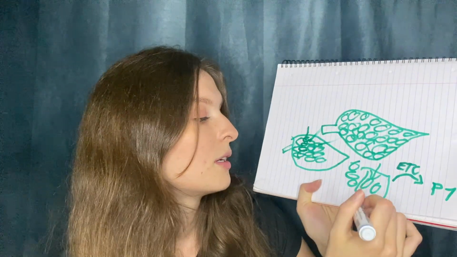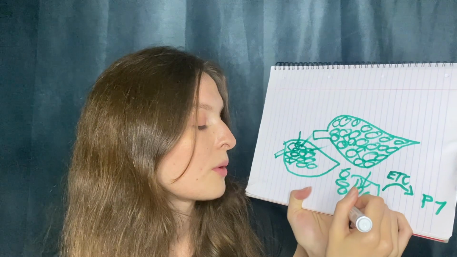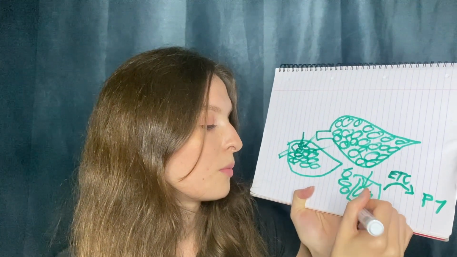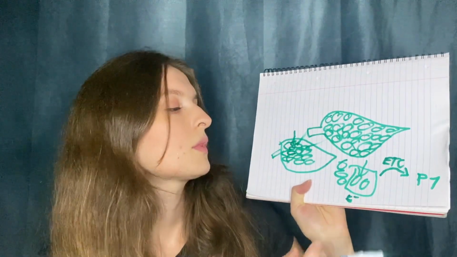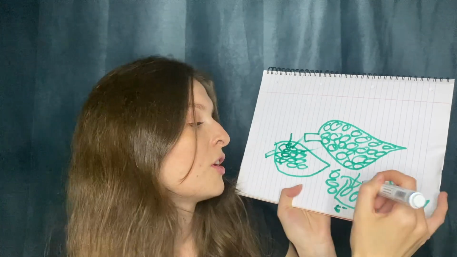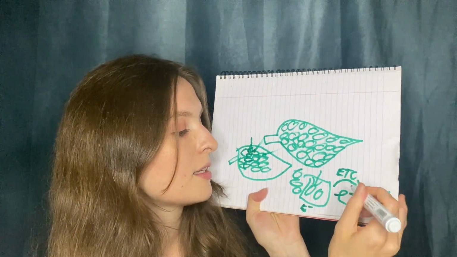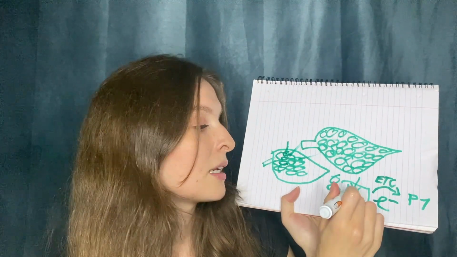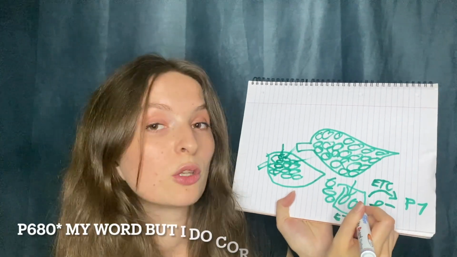and these molecules also accept an electron from water. This is because when it loses an electron, because electrons are negatively charged, so imagine the electron like this, that's being lost from the P680 molecules.